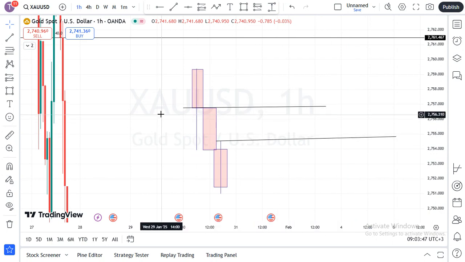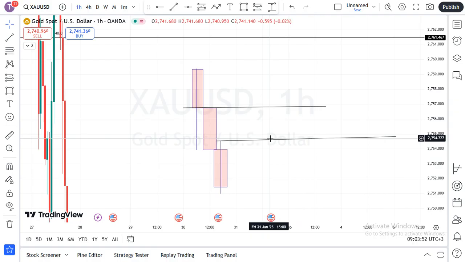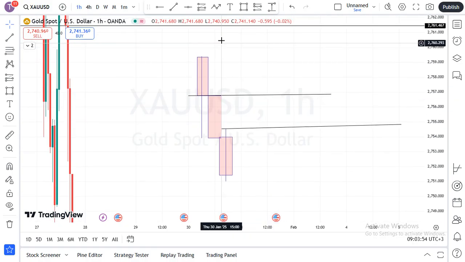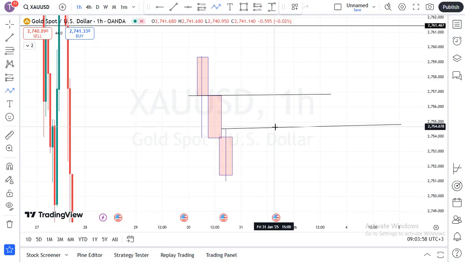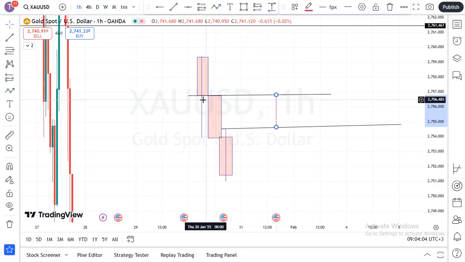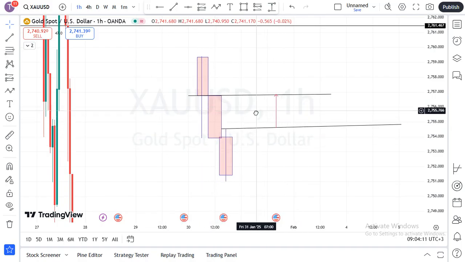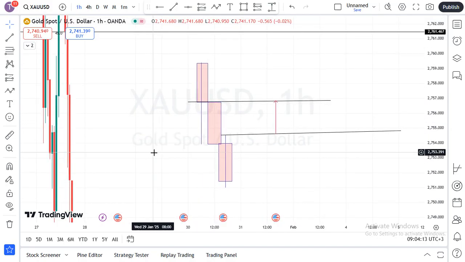So this is the PDRA, or the balanced price range. This range was balanced by this middle candle here.